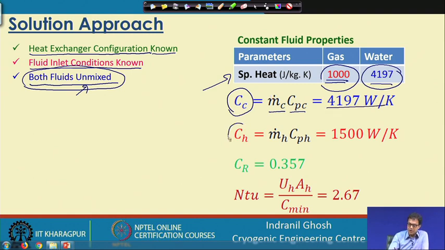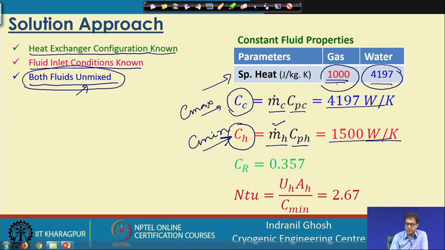Similarly, for the hot fluid, the capacity is mH dot and CpH. So, this is 1.5 kg per second and this is the specific heat. So, it gives us 1500 watt per Kelvin. So, we can understand that this hot fluid stream is the C min and this cold fluid stream is the C max or maximum capacity.